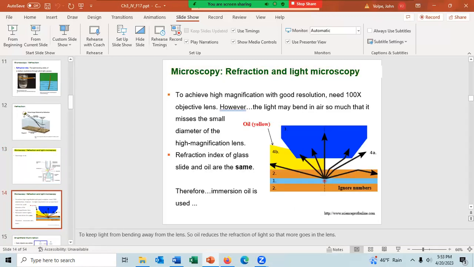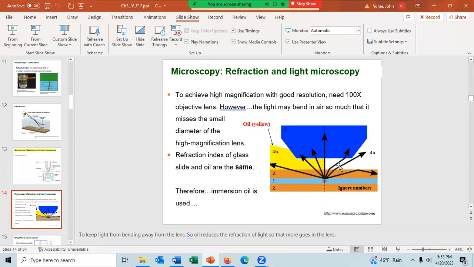So this slide shows it better. This ray of light coming through the glass, going into the air, gets refracted so hard it's sent back into the glass. That one, the light is refracted hard enough that it will not be sent to the objective lens, and so that light is lost by the objective lens.